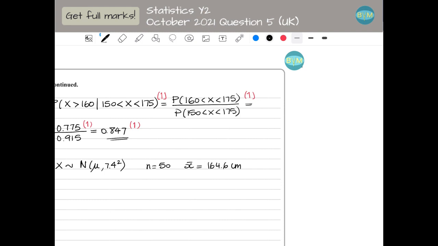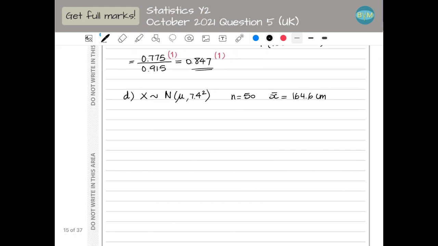164.6 centimeters, and I need to write a hypothesis test, but we are talking about the mean of the observed values. So we are talking about this variable, not this one, but the mean. And remember that the mean is distributed again as a normal. The mean is still the mean, and the standard deviation is the standard deviation of this one divided by root n, so the variance is the variance of the first one divided by n.